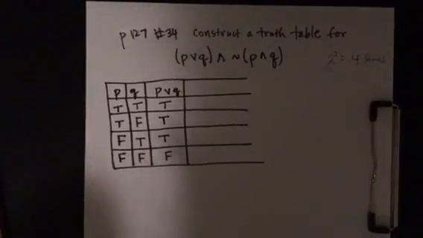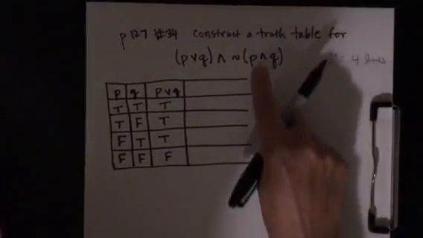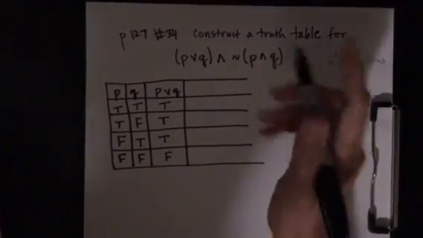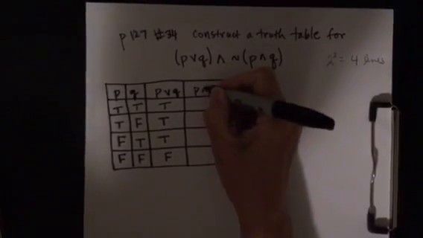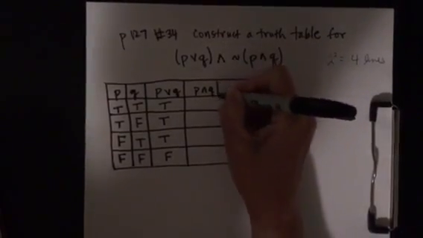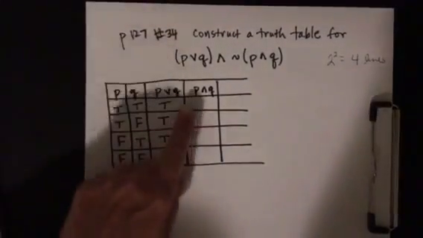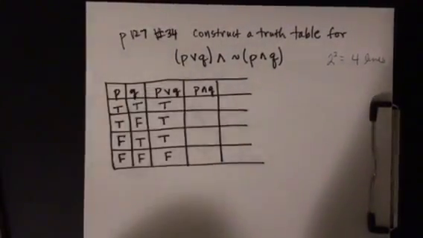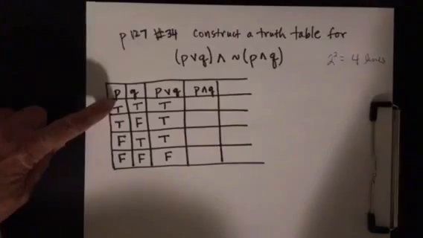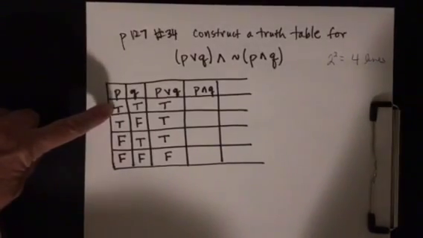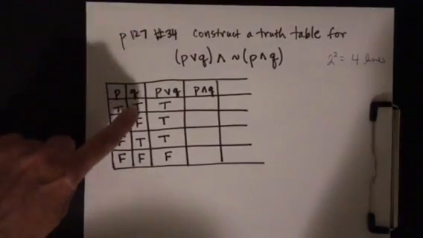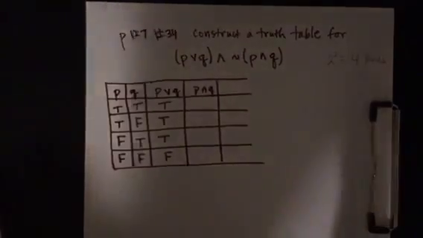For the next column on the truth table, I'm going to go for P and Q. Now this one is, of course, we will go to Blue Bayou and we will go to the movies. On this first line, P is true, we went to Blue Bayou. Q is true, we went to the movies.